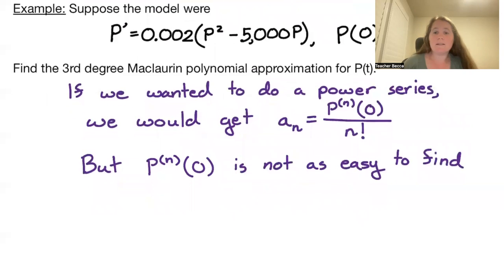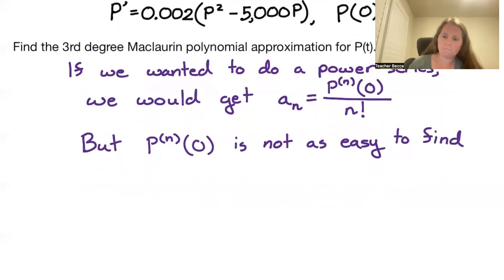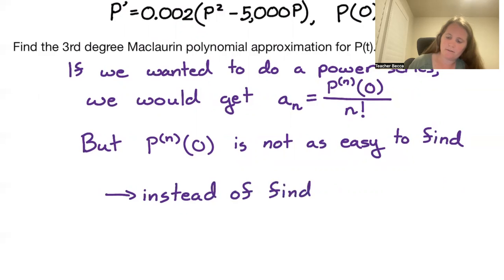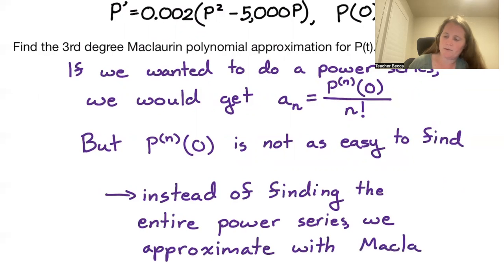So what we do is, instead of finding the entire power series, we approximate with a Maclaurin polynomial, in this case because we're using just c equals 0.